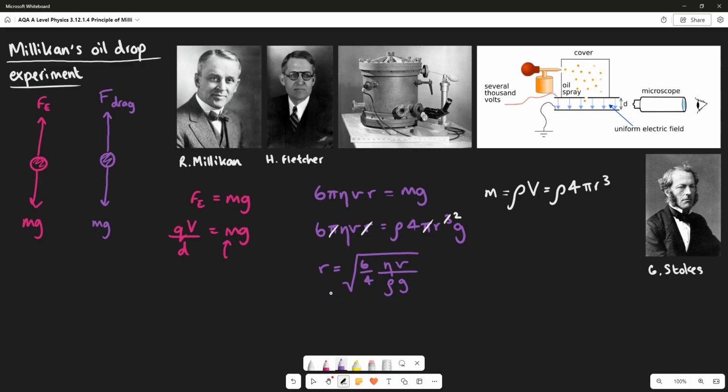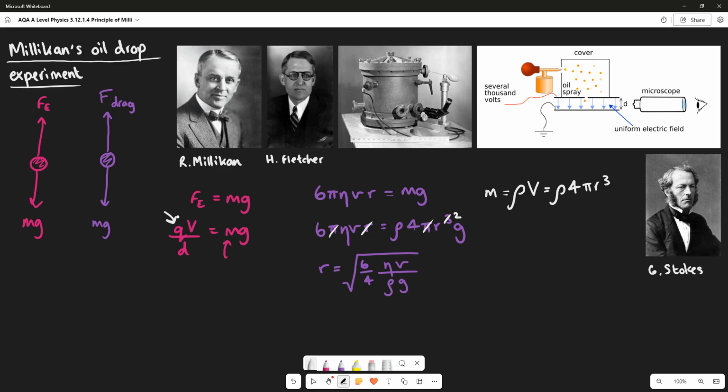Now that we have the radius, we can use it in this equation to give us mass. Now that we have mass, we can use it in this equation to give us the charge.